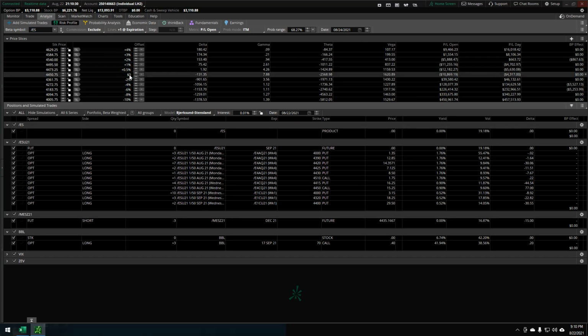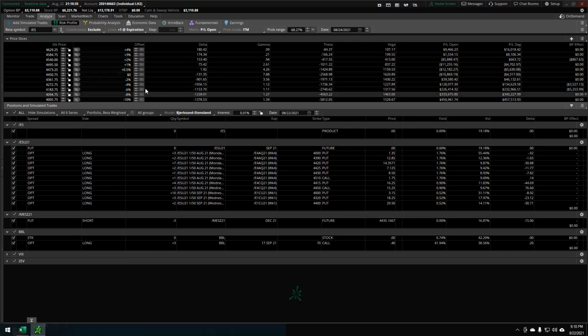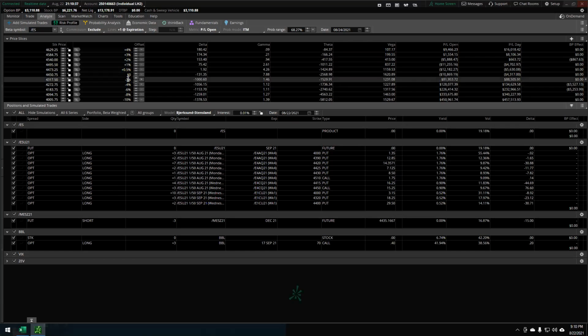And here is 0, which is where the S&Ps or the futures are, and you go to minus 0.5.